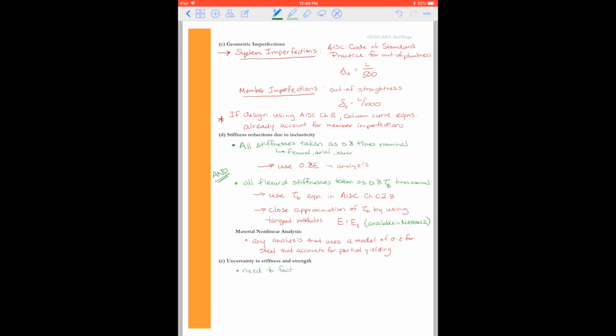We just need to make sure that we use the factored loads. So in our analysis, we're using factored loads. And when we come up with the member nominal strengths, we're going to reduce the strength by our phi factors. So we need to factor our loads and reduce strength by phi.